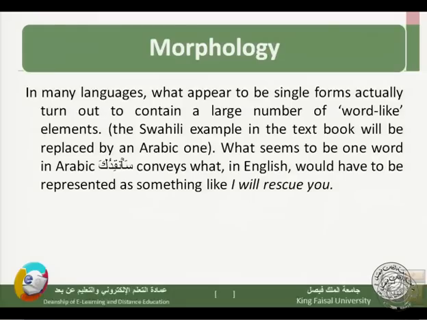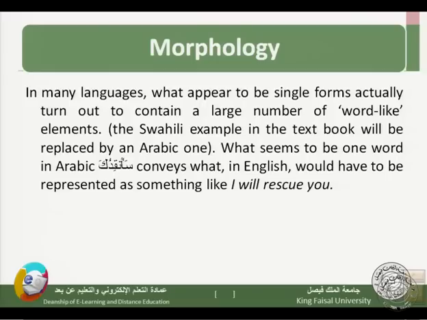Most people look at language as a group of words, and we think of the smallest unit in our language as a word. We take one word as one item.